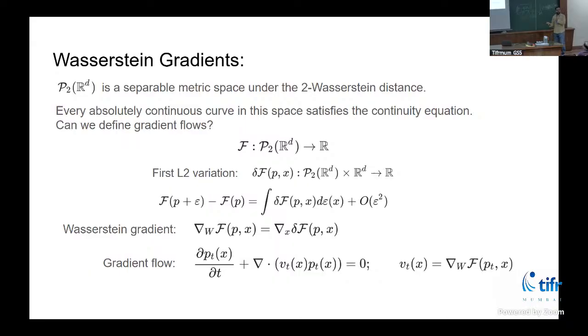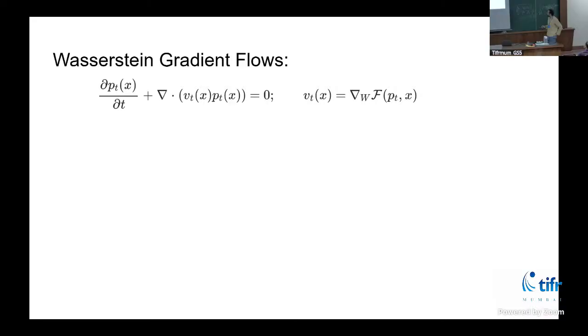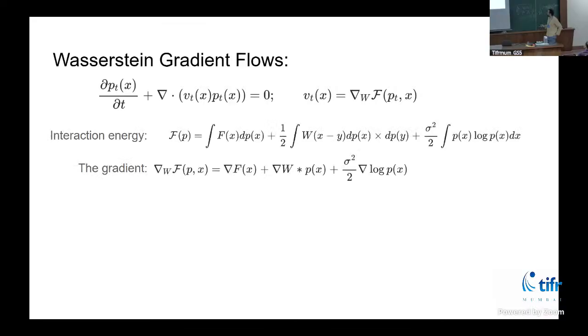Then we show that this is the right notion of the gradient in the Wasserstein space, and the gradient flow in this case is where you take the velocity field V_t to be this gradient of delta f of P_t comma x. I think it should be a negative, but it's okay, it's a typo. This is how I define gradients in this space.